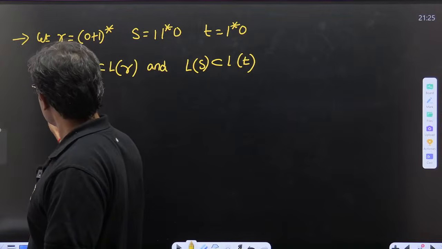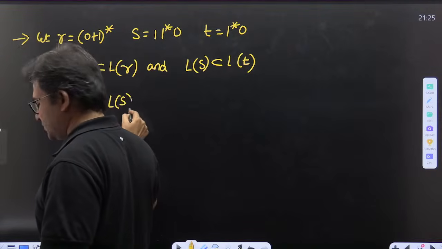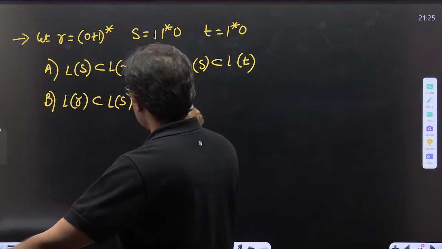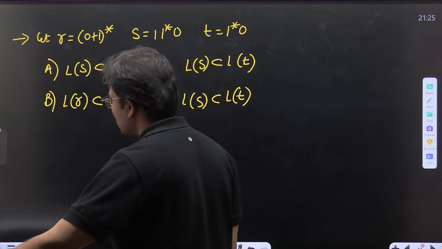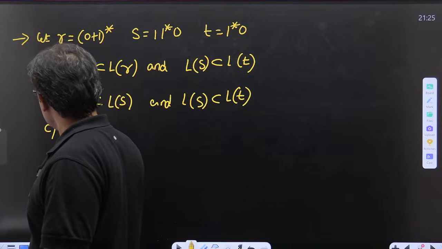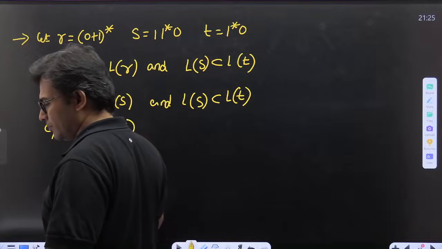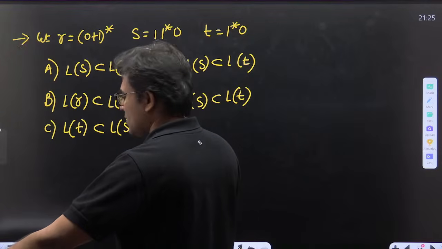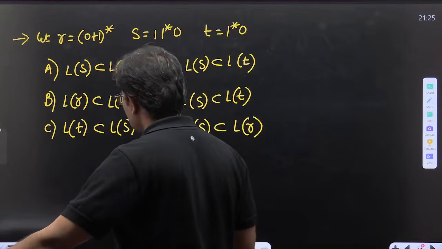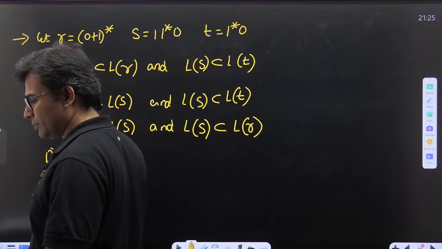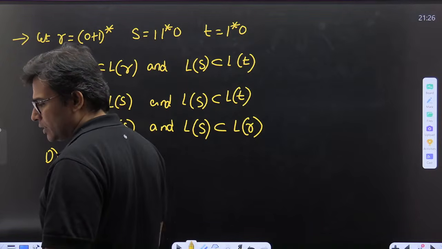B, L of R is a proper subset of L of S and L of S is a proper subset of L of T. C, L of T is a proper subset of L of S and L of S is a proper subset of L of R. D, none.